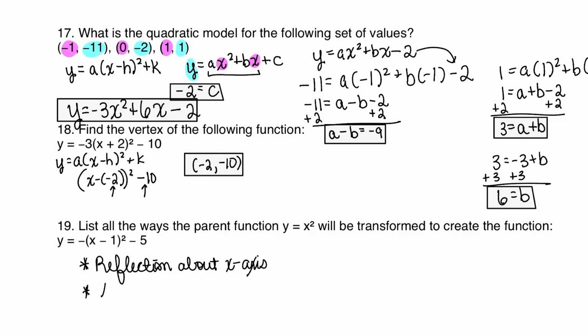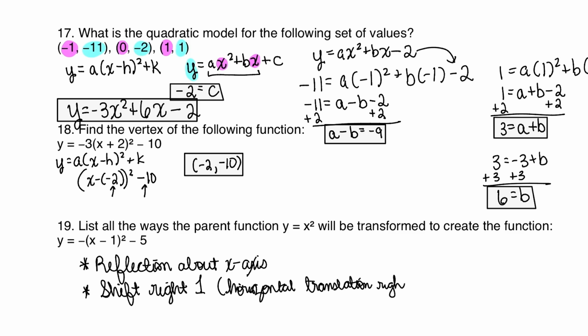That's going to be a shift to the right 1. The more technical way to say that is a horizontal translation, right 1. The last transformation that we have for our transformed function is this minus 5, and that's going to be a vertical translation down 5.